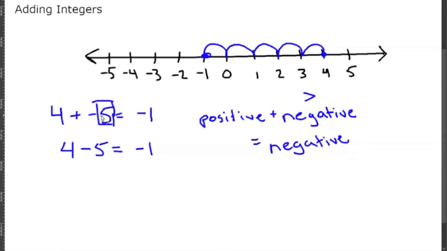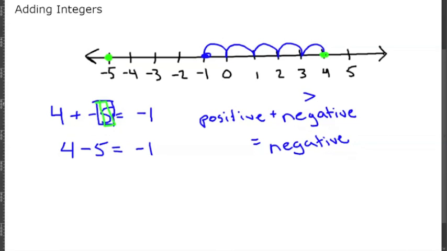Although negative 5 is technically less than negative 4, on the number line you can see negative 5 is all the way over here and 4 is right here. Although this negative 5 is less than 4, this actual number 5 is greater than 4. And that is what gives us that the positive plus the negative is still negative.